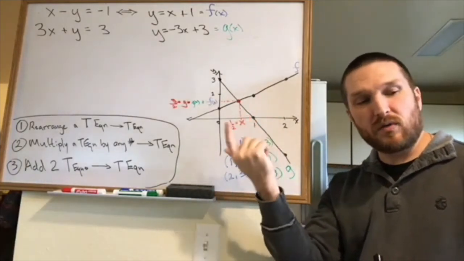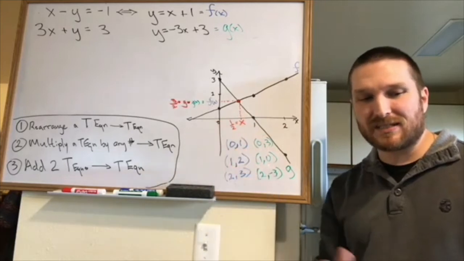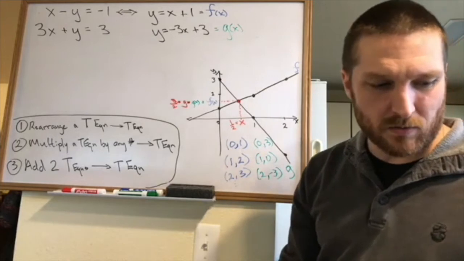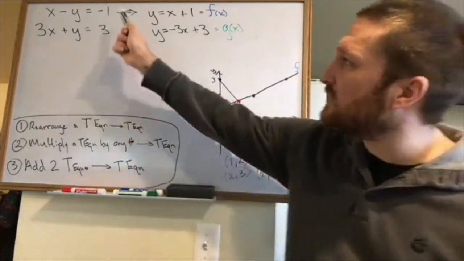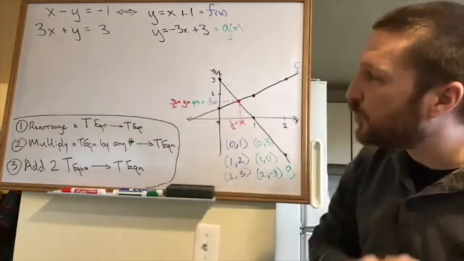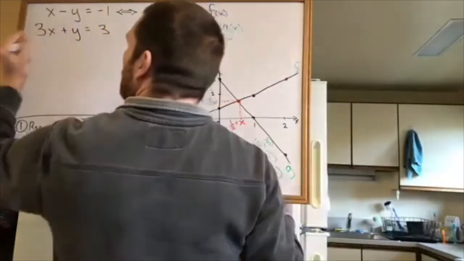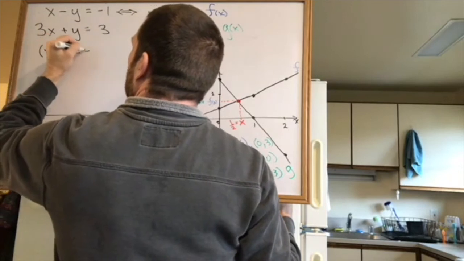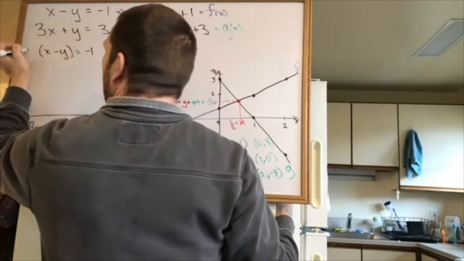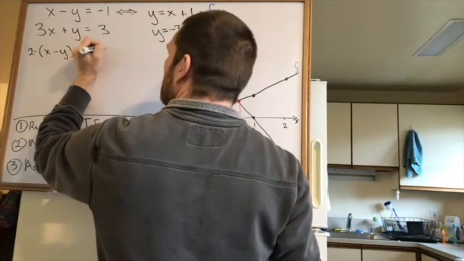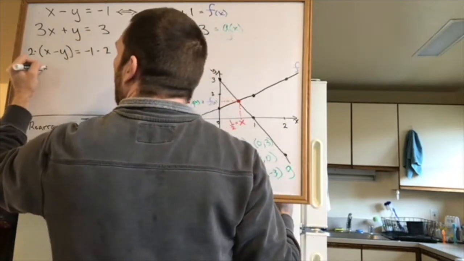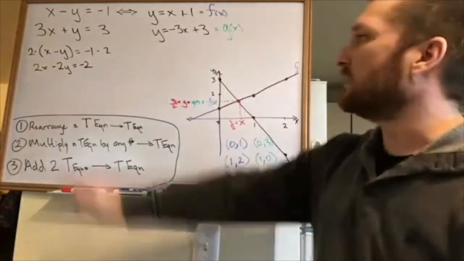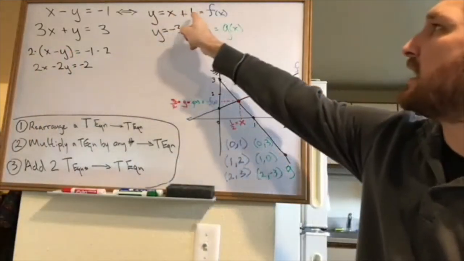If we were to add these things together, well, first, let me beat a dead horse and say, if I multiplied this first one by 2, okay, so I'm going to take the first equation, x minus y equals -1, and I'm going to multiply the entire equation by 2, which means multiply both sides. 2x minus 2y equals -2, and we know that that's the exact same line as f of x here.